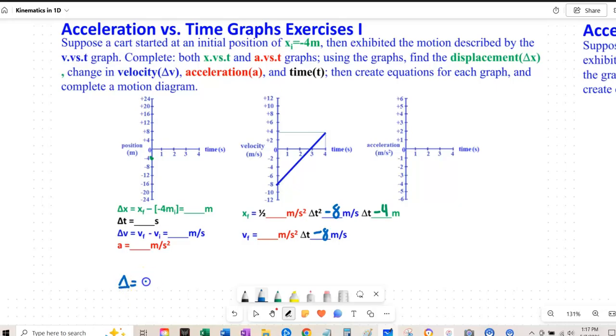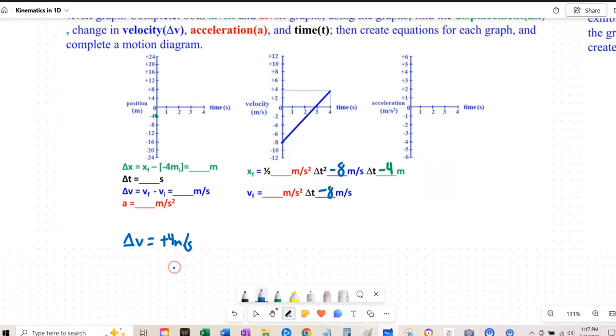We have, oops, I forgot to make that a v. So we know our final velocity is +4 meters per second, or displacement of +4 meters for every 1 second. And then we're going to subtract from that a -8 meters for every 1 second.